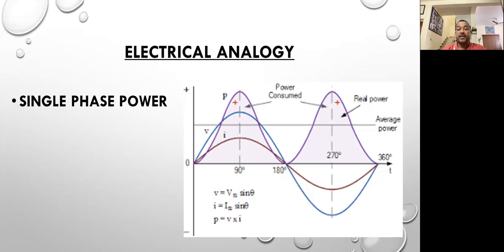The single-phase power coming to your home is a pulsating power. Most industries do not like such pulsating power. They need a constant power. So what do we do? Satish, next.